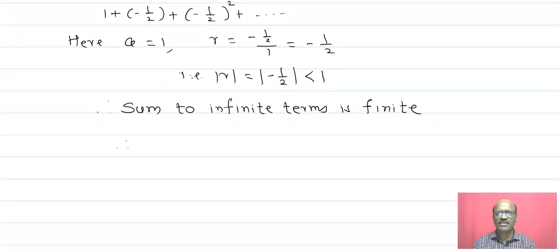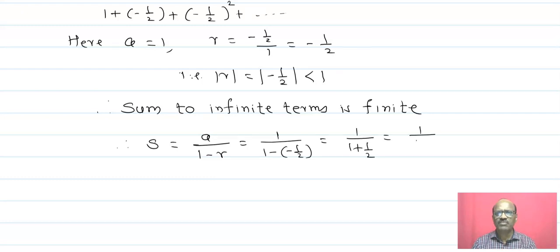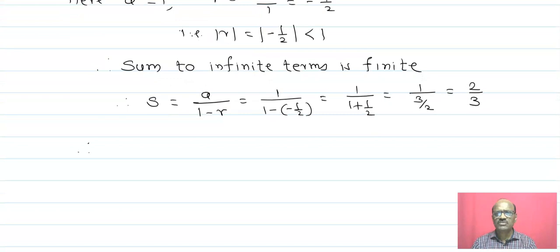We have to write this statement every time. Therefore, S equals a upon 1 minus r, that is 1 upon 1 minus (minus 1 upon 2), that is 1 upon 1 plus 1 upon 2, that is 3 by 2. S equals 2 by 3.